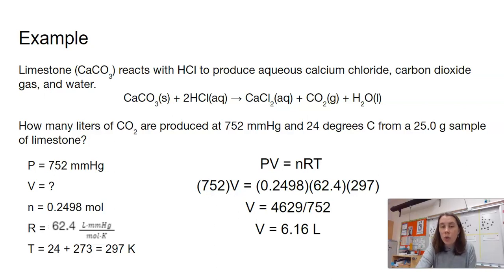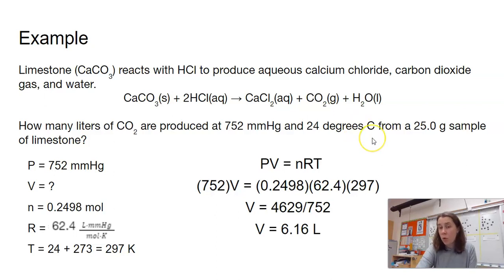All right, you could have gone the other direction. We could have been given an amount of gas and needed to calculate the number of moles to then figure out moles of something else in our balanced equation. We could also use this process to do a limiting reactant problem. So maybe we were given calcium carbonate and some amount of HCl, and we'd have to get to moles of CO2 for both of them in order to figure out which one would be limiting.